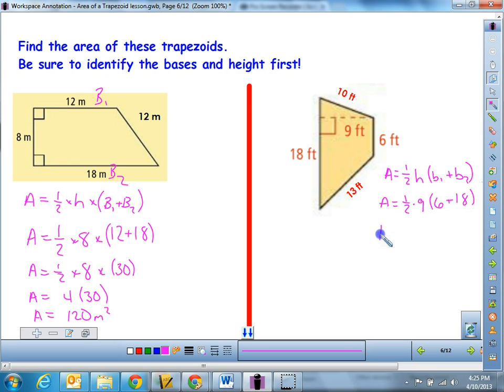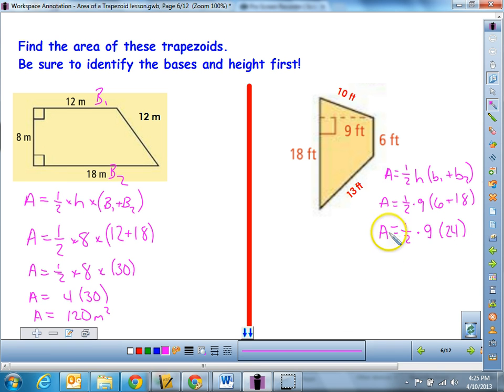So now, order of operations, let's rewrite it. And I do want to see you rewriting it like this. I do not want to see just an answer. So take the time and write it out just like this. So 1/2 times 9 times, what do you get when you have 6 plus 18? 24 is our answer.